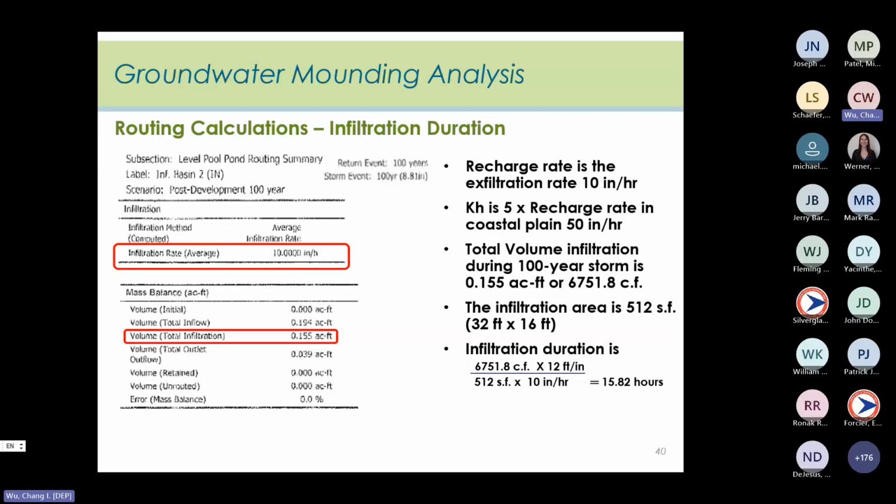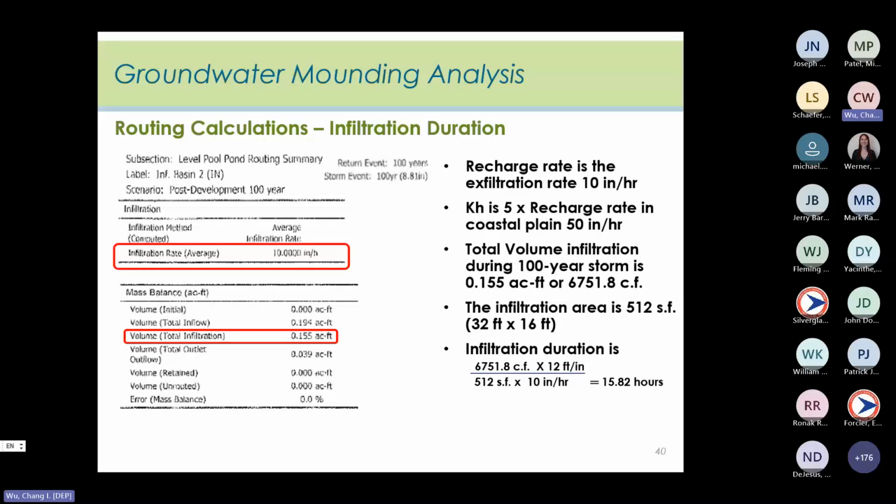The duration of infiltration in the input is 33.4 hours. But the duration based on the routing calculation and the volume that will be infiltrated to subsoil through exfiltration should be only 15.82 hours.